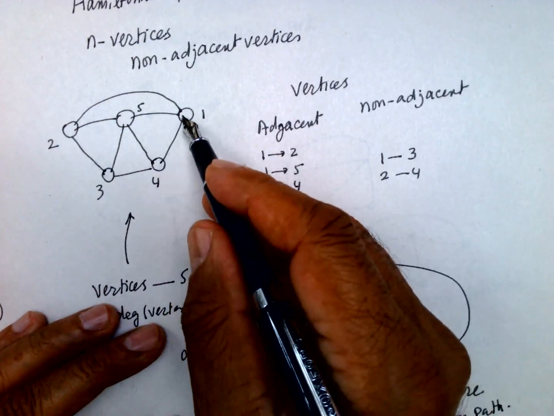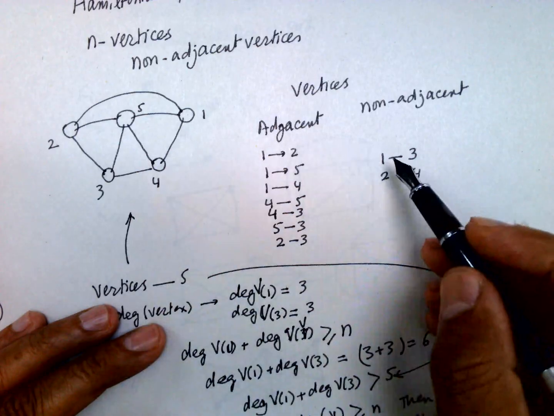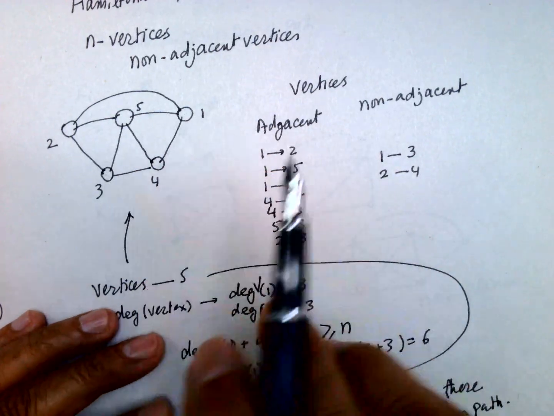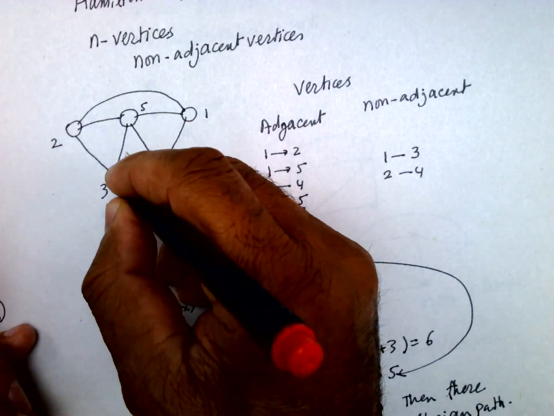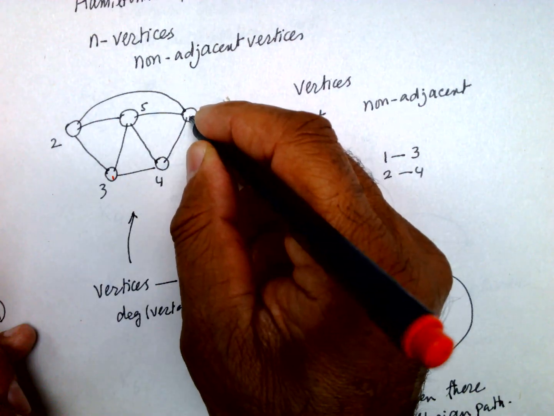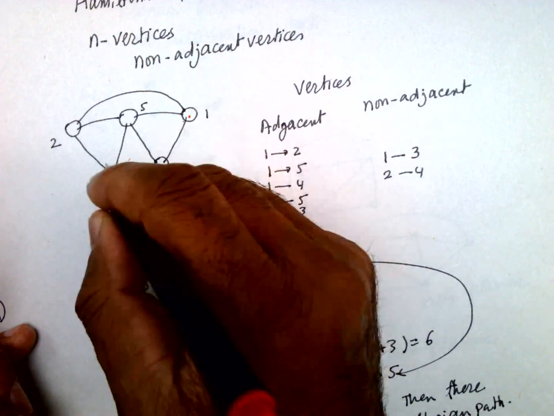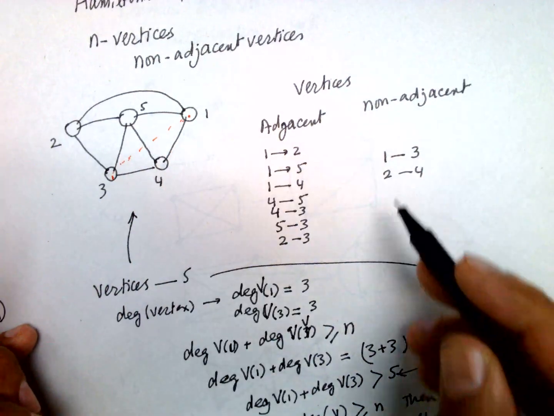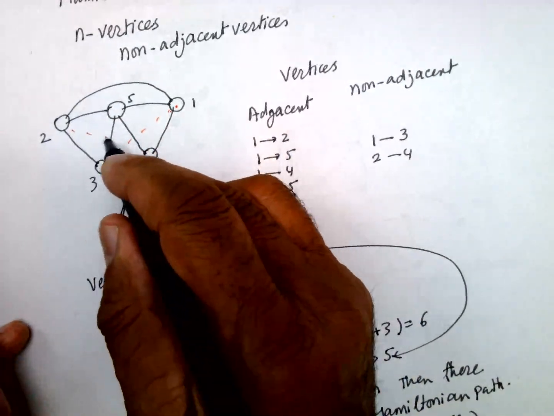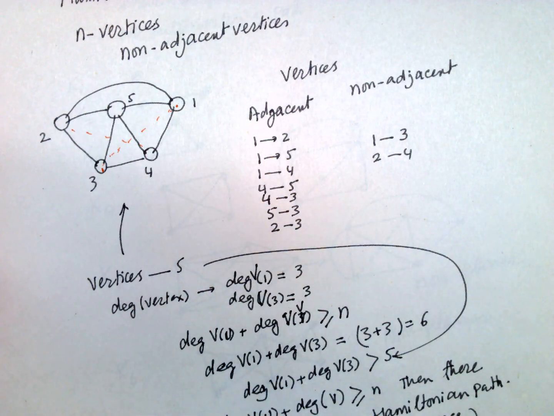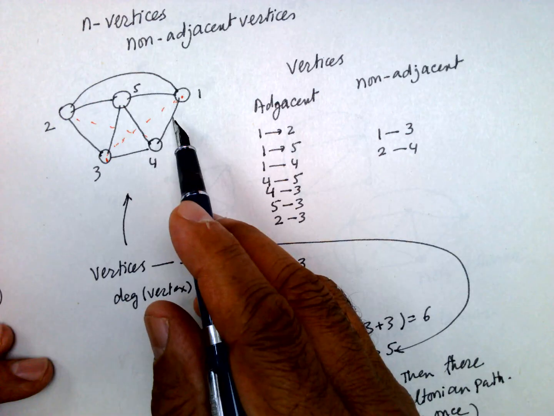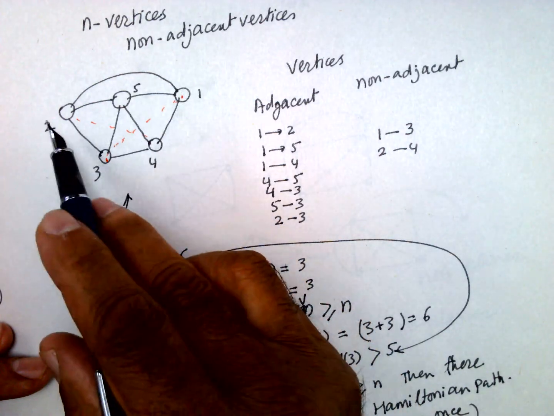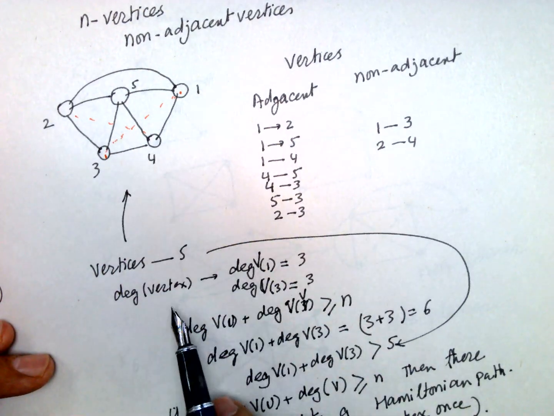Non-adjacent are those where there is no link in between. So 1 and 3 are non-adjacent. These two, and 2 and 4. So the vertices are 5 vertices, 1, 2, 3, 4, 5.